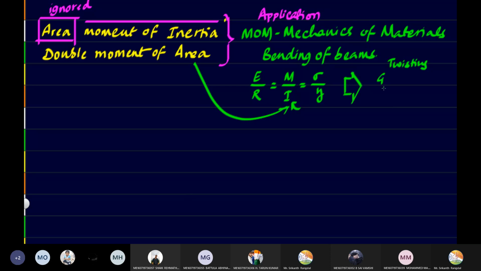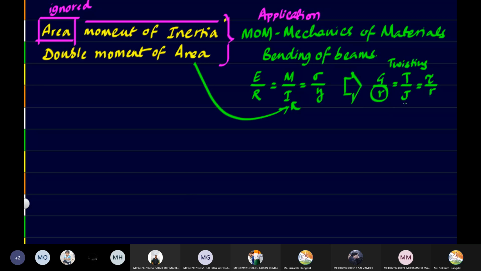Let's call it G, and the radius becomes R. Instead of moment M, you get torque, and instead of I, you get J. J is the polar moment of inertia. Then instead of stress, you get shear stress, and instead of Y, again you get R. I think there is some difference here. I'm a little doubtful about this. Fine. So these are the two equations.